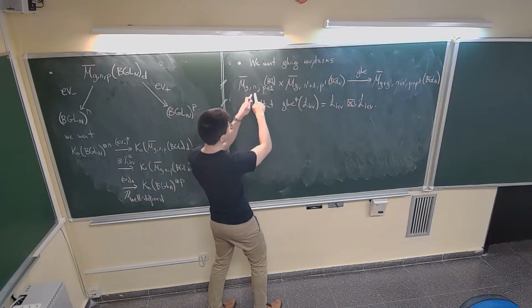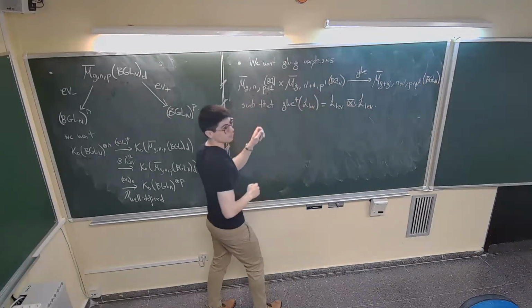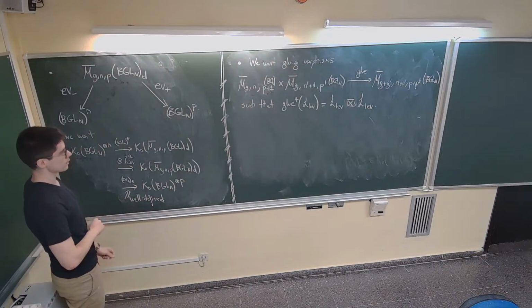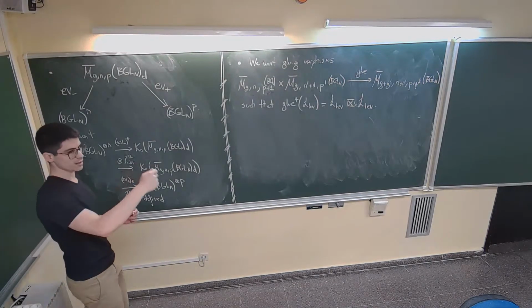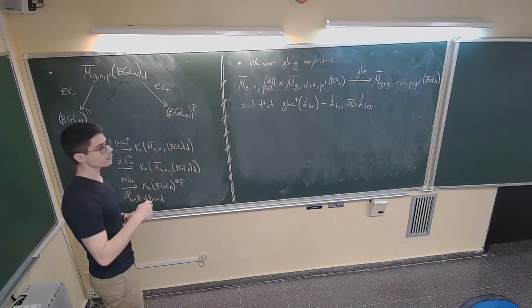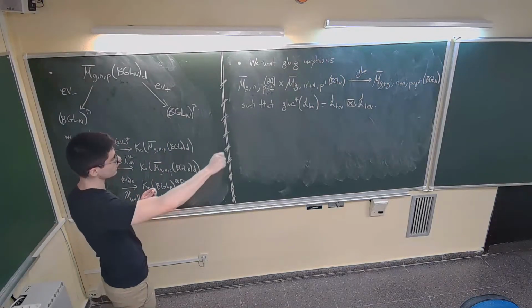Technically the gluing morphism that I said before is well defined, but gluing morphisms between outputs are not well defined. So it's better if I write it this way. The gluing morphism that I wrote before exists, but the one that I'm interested in is this one. So if I want something like composition, this should be functorial, I might want something like this. Take the output and I glue it to the input.